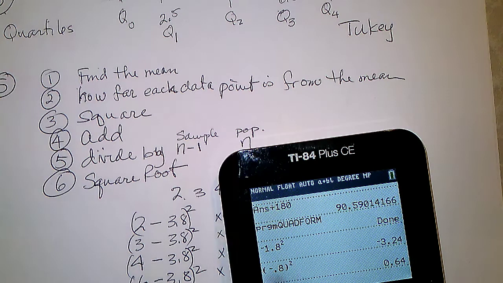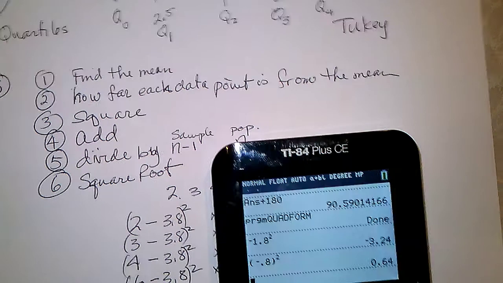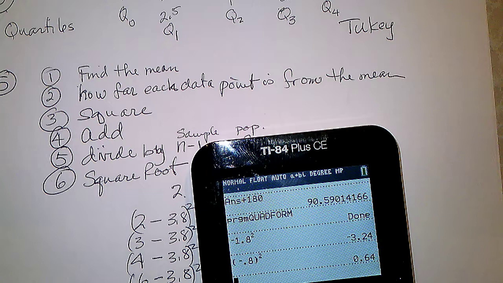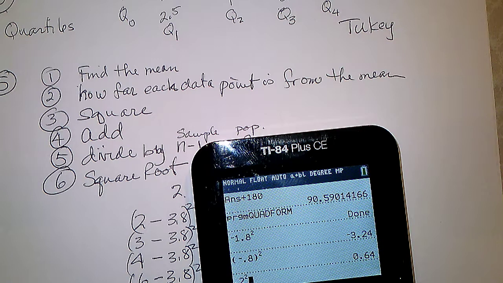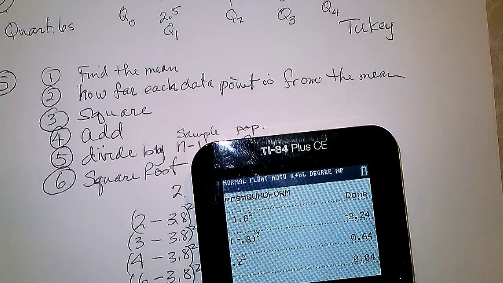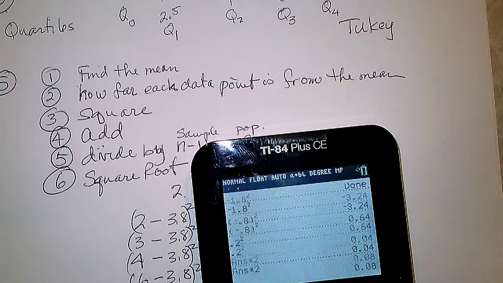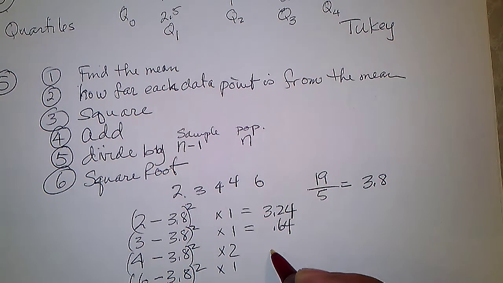Now the next one, 4 minus 3.8 is 0.2 squared, and I have 2 of those, so that's 0.08.